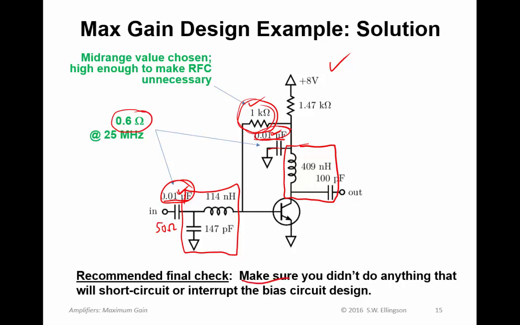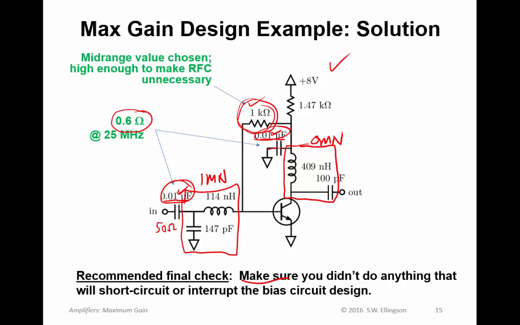Make sure that you didn't do anything that will short circuit or interrupt the bias circuit design. We have integrated the input matching network and the output matching network into this design. We should look carefully and make sure that we haven't done something that's going to create a short for the DC bias, for example, or an undesirable open circuit or something of that nature.